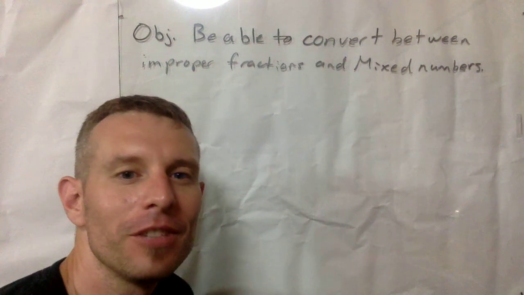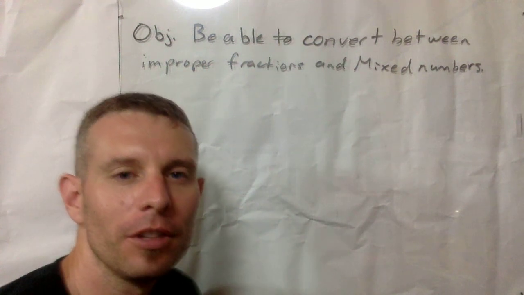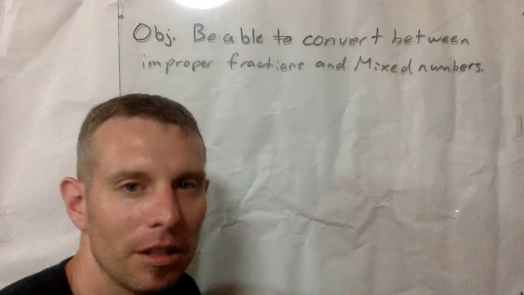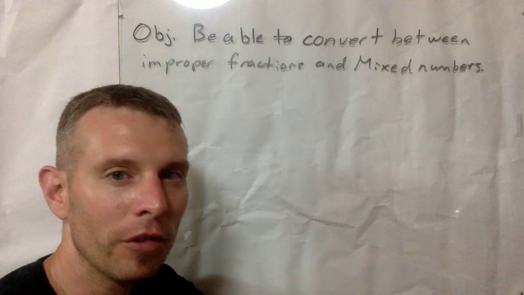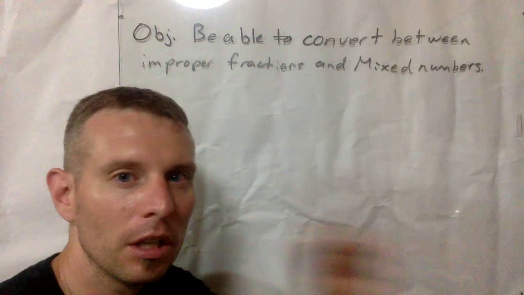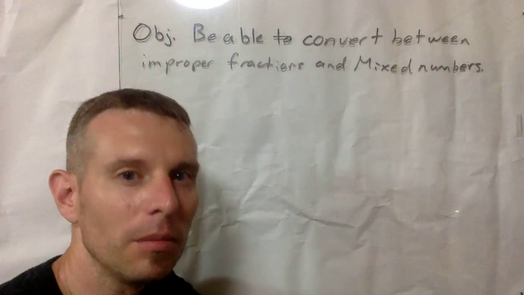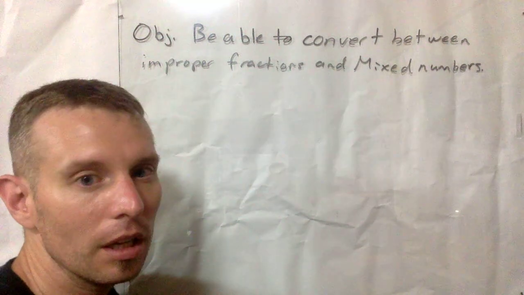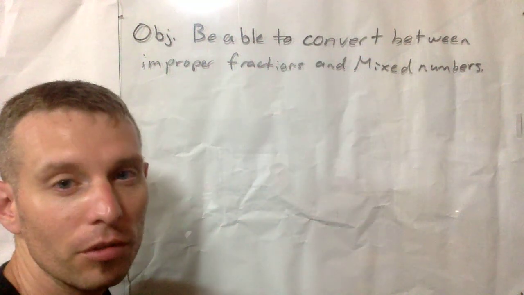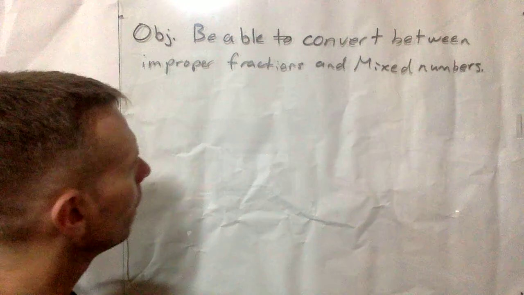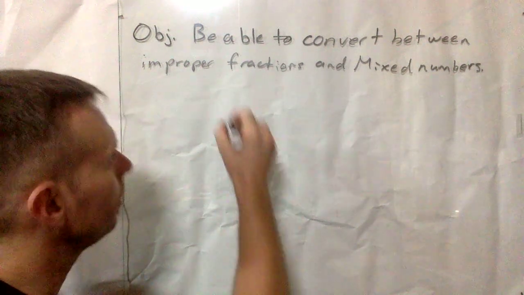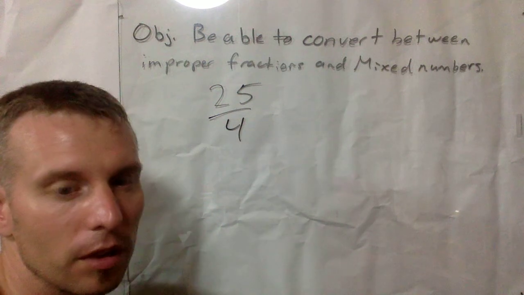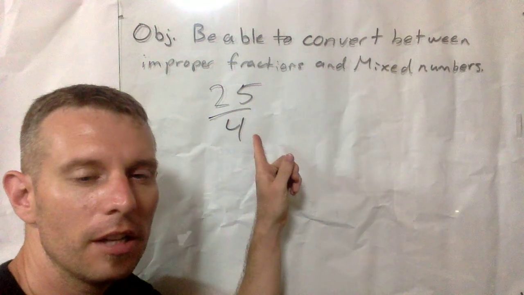The objective for this video is to be able to convert between improper fractions and mixed numbers. That's going from improper fractions to mixed numbers, or going from a mixed number to an improper fraction. By way of a little vocabulary and review, an improper fraction simply means that the numerator is larger than the denominator.